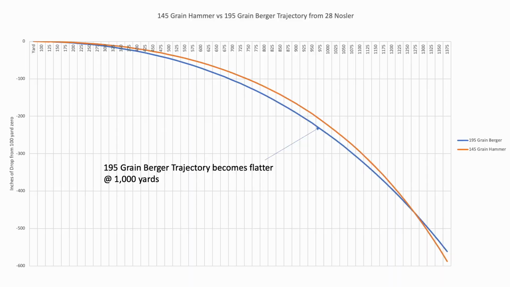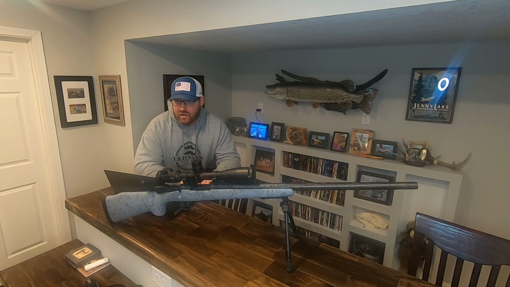This is just a quick chart to show some of the differences in these cartridges. So a few things I want to point out. What this shows is that at 1,000 yards, the trajectory starts to become flatter on the Burger. So what that means is that for every incremental yard past this point, the Burger is dropping less than the Hammer.